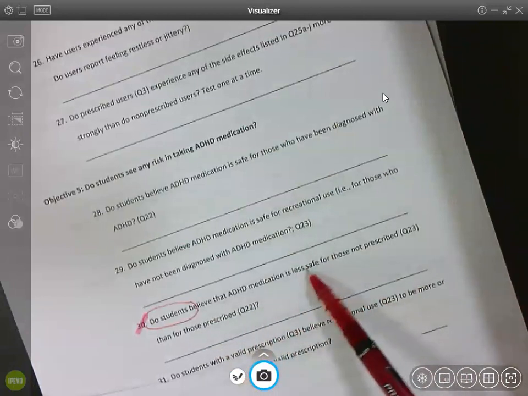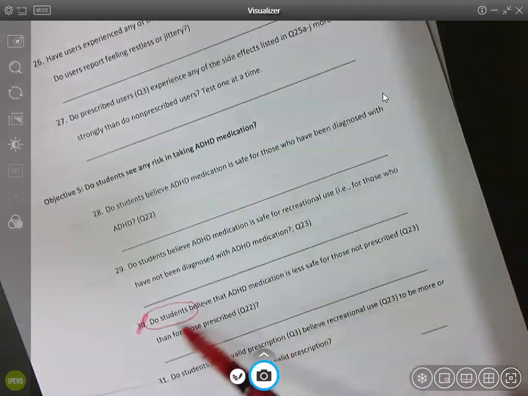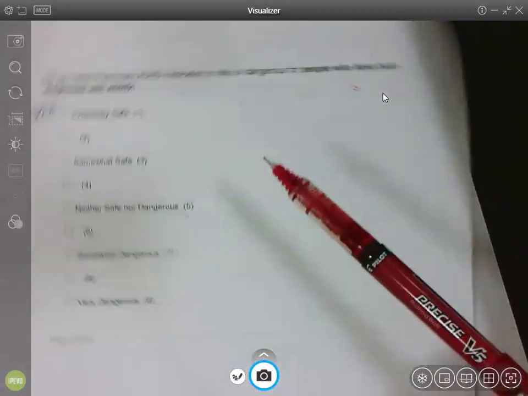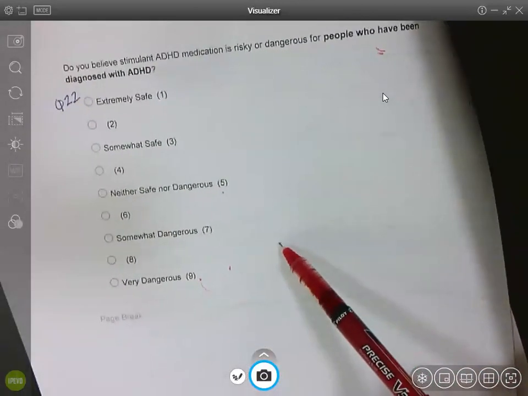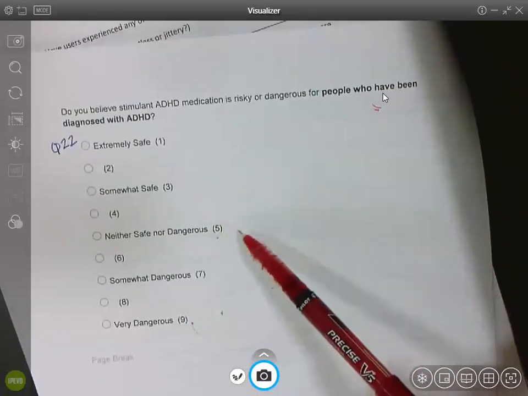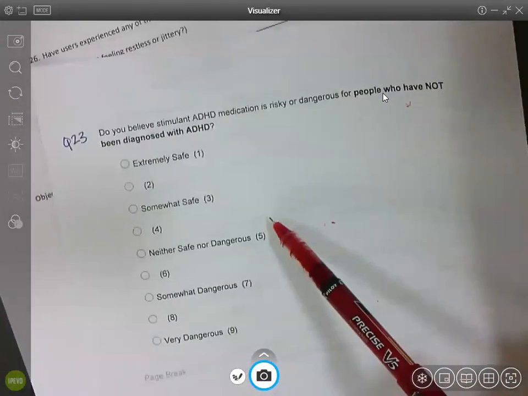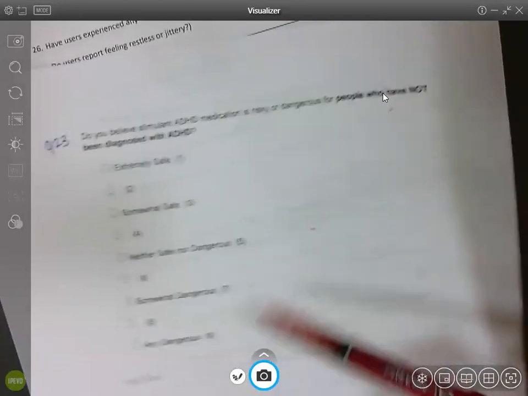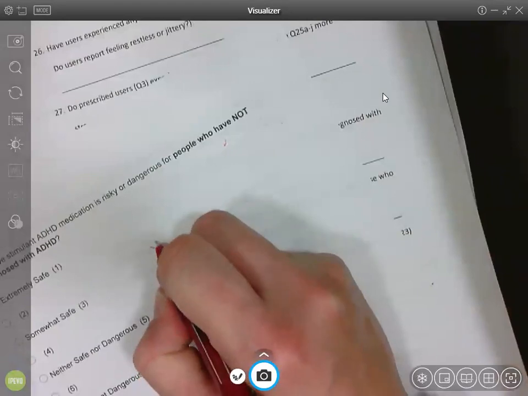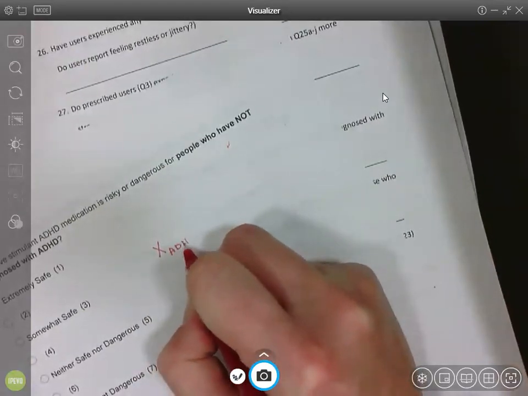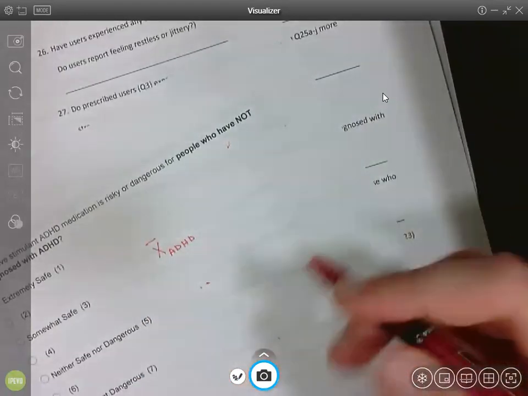This is not asking us to divide our sample into groups. It's saying everybody. Is the way that they answered question 23 different from the way they answered question 22? Is their mean perceived riskiness on question 22 equal to or different from their mean perceived riskiness on question 23? Remember, this is a perception, not objective.